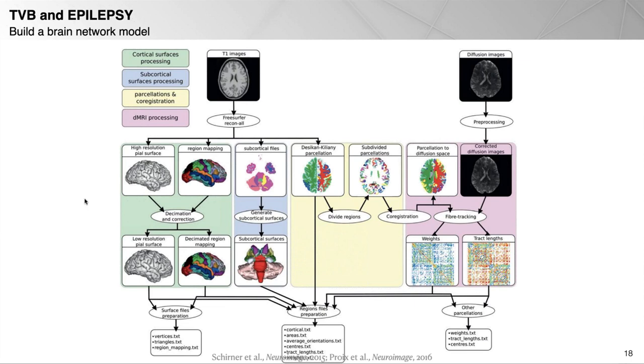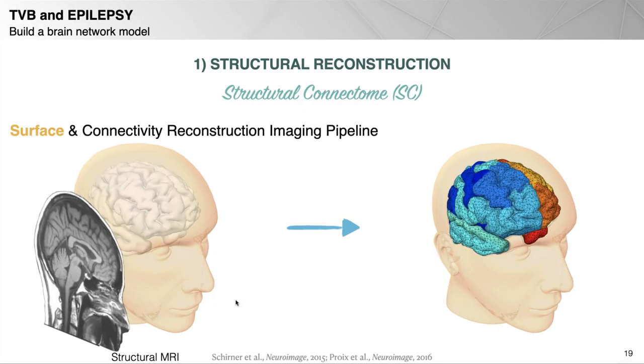But just so, here is an overview of the pipeline where you have your anatomical, your structural imaging. Here you will have some main processing steps and how they are related to each other. And in the last row, you get your input file for TVB.